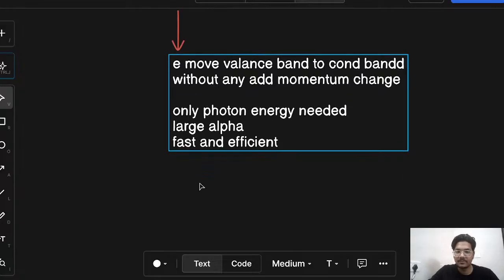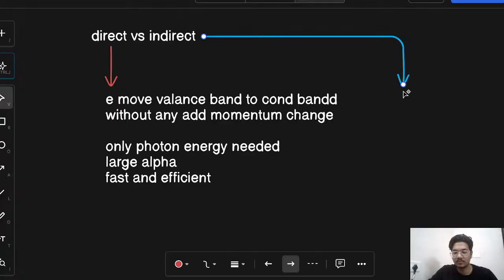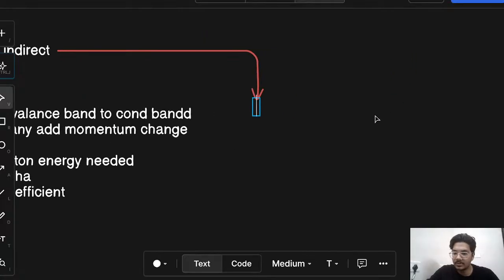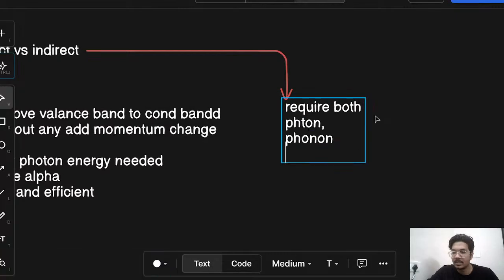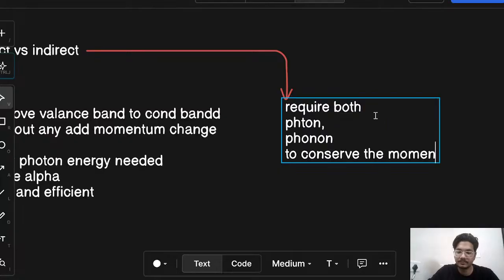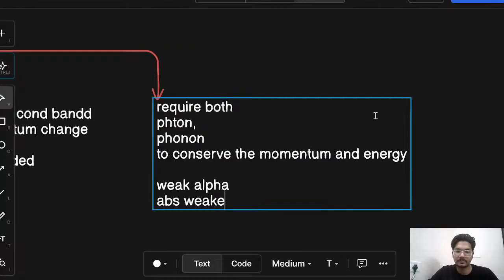Whereas indirect absorption requires both a photon and a phonon, lattice vibration, to conserve the momentum and energy, and is slower.